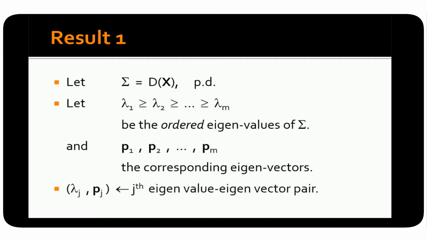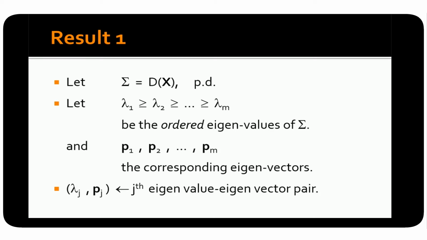Now, let us begin by assuming that sigma is the dispersion matrix of x. So, it is the variance covariance matrix of x, with the variances of x along the diagonal of sigma. Now, sigma is a positive definite matrix, and hence it has non-negative eigenvalues. Suppose we order these eigenvalues and write them as lambda 1, lambda 2, up to lambda m, the largest being the first one and the smallest being the last one.